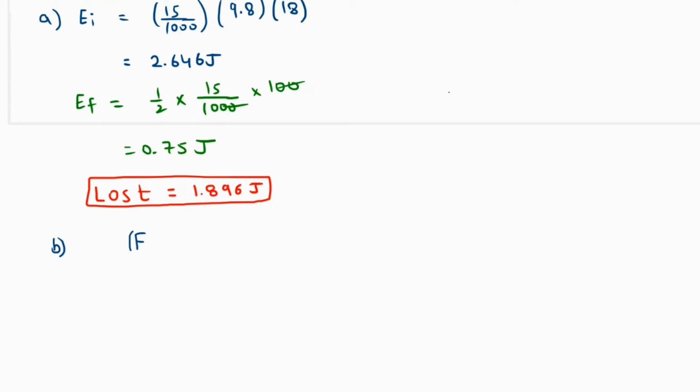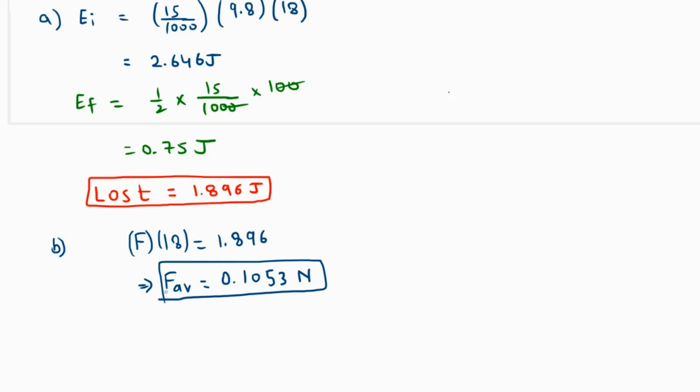So f times 18, which is the work done, is equal to 1.896. So this f, the average force exerted by the air, will come out as 1.896 over 18, which is 0.1053 newtons. This is the average force.